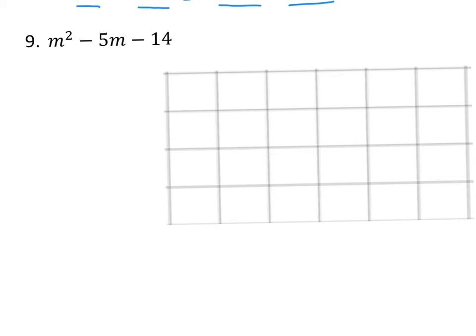Now, just as a side note, the order that we put those in those boxes did not matter, except for the first and the last.